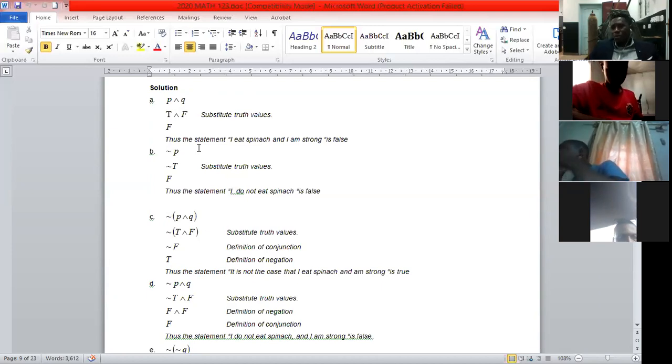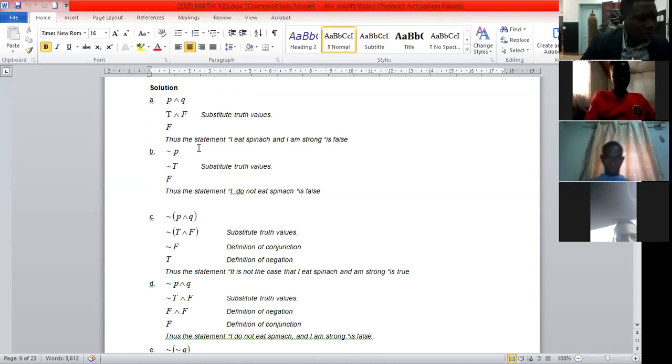Have you seen how logic is useful? You can translate statements, and it's quite useful.